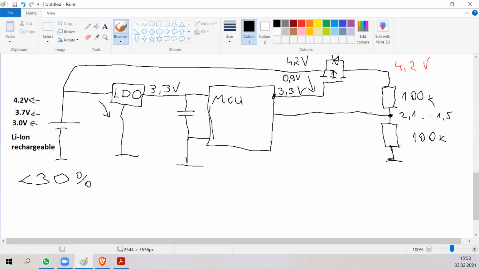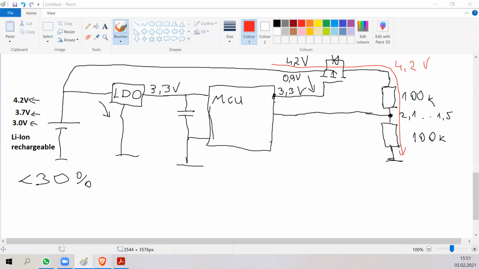And the problem is that if the voltage between source and gate of the MOSFET is not 0, but something bigger, this MOSFET starts to open. And yes, there is a theoretical threshold voltage, for example 1 volt or 1.5 volts, but 0.9 volts actually starts to open this MOSFET a little bit, and even in the off position, because this voltage between source and gate is not 0, there will be some small leakage current flowing through.